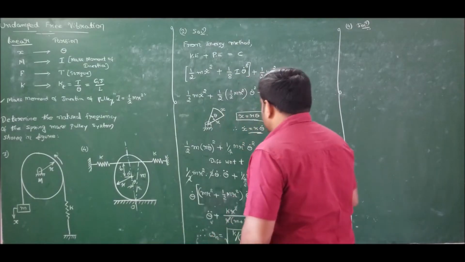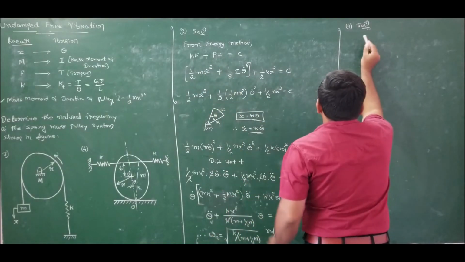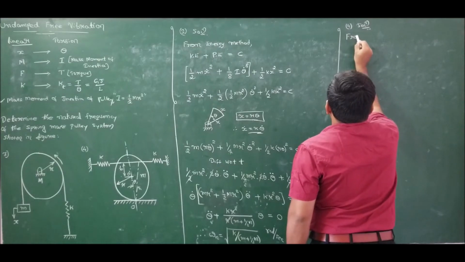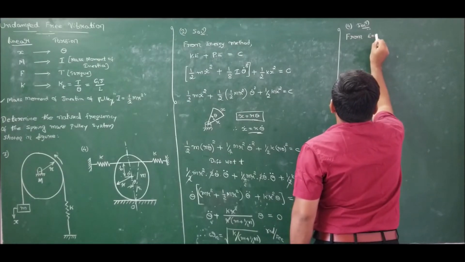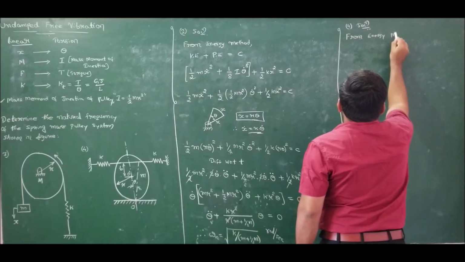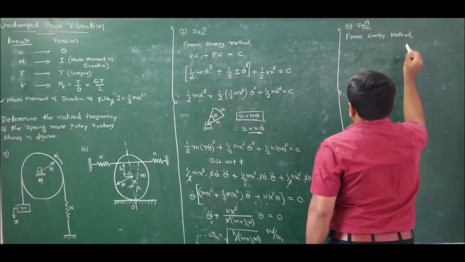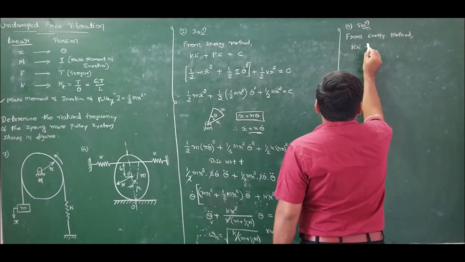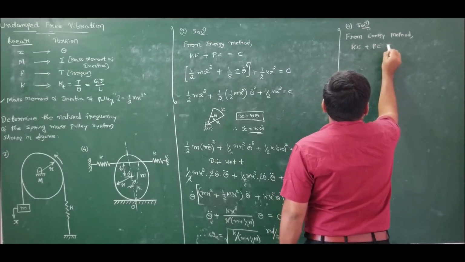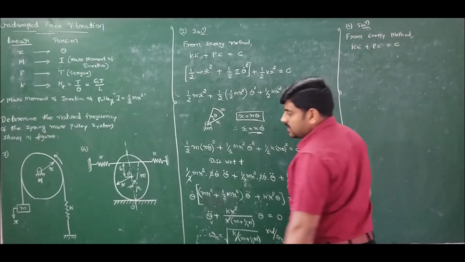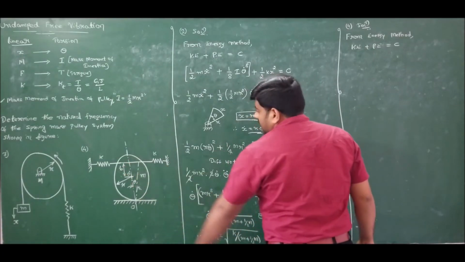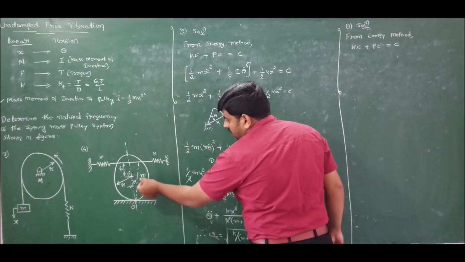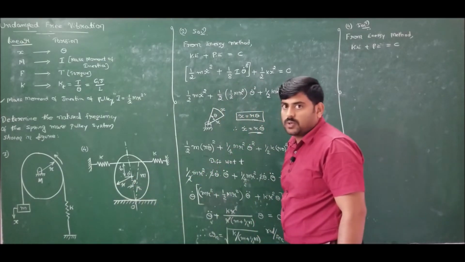So again, if I write the equation from the energy method, we have kinetic energy plus potential energy is constant, right? Now what is the total kinetic energy? The total kinetic energy is because of rolling on the surface, and also the angular deflection of this pulley.